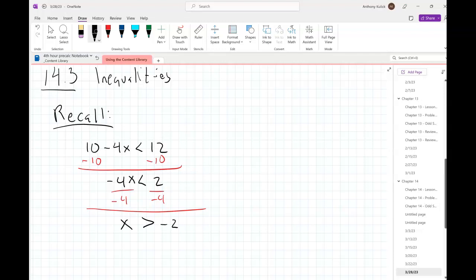And then sometimes we write our answer on the number line, right? So at -2, would I draw that with an open circle or filled? Open. Why open? Yeah, because it's a strict greater than symbol. And which way should I be going? Left or right? To the right, where the things that are bigger than -2 live.